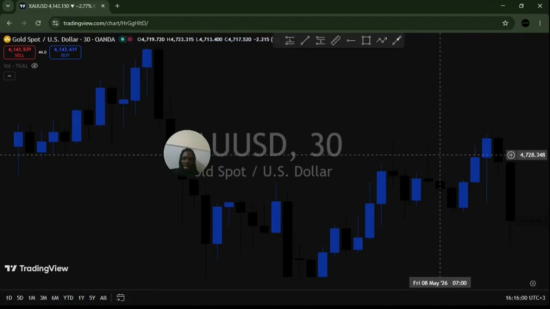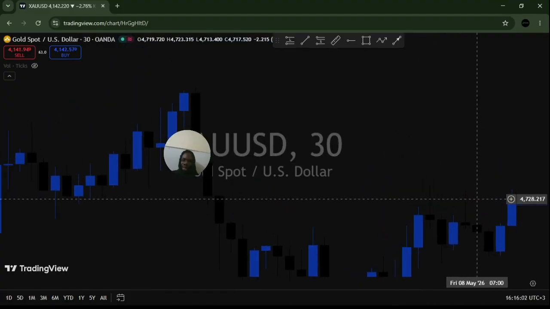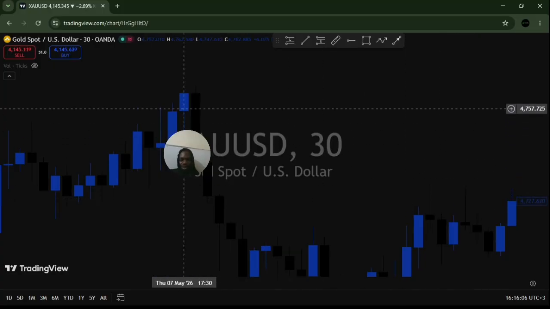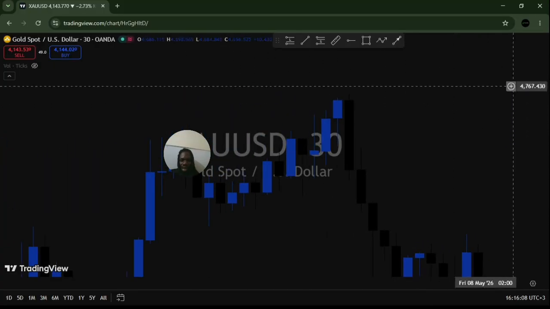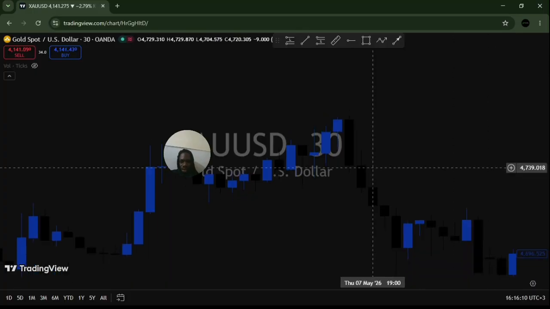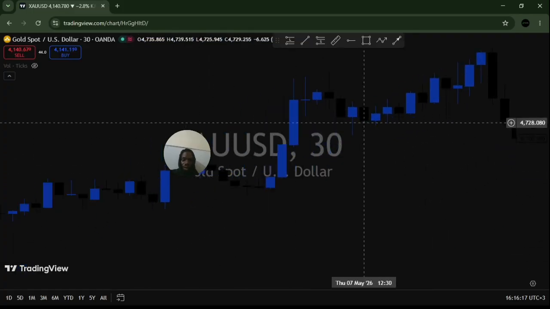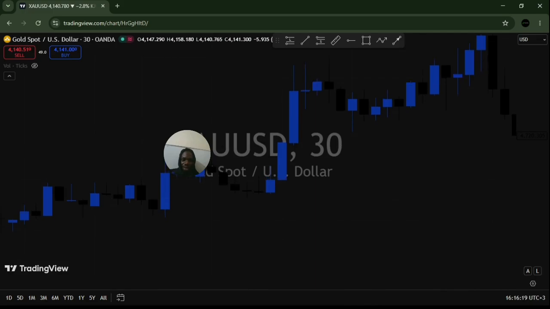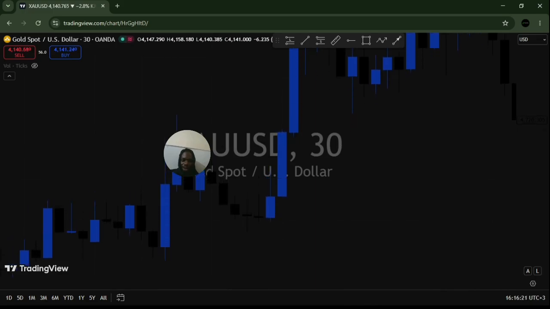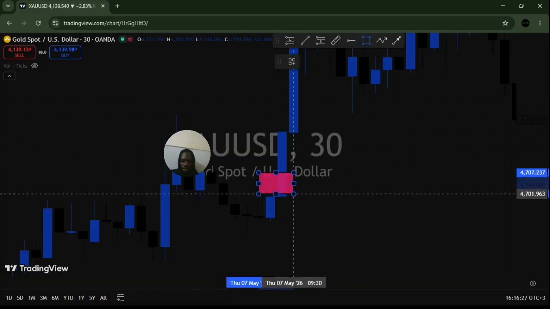Because a hammer has a handle down and a head up, so the name was probably got from that tool. So the inverted hammer, how is it forming? At some point you can see price forming an inverted hammer within the support zone, then you take a sell. Are you seeing this? This is an inverted hammer.